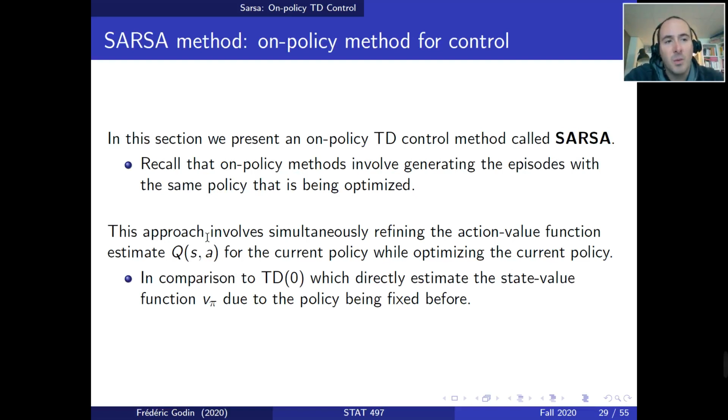It's because when we do policy improvement, we must compare the value of the various actions A for a given state S so as to improve on our policy. So for control problems, we want the Q function, or the action value function, instead of the state value function v pi. TD(0), which we saw last time, is a prediction method which gives you v pi rather than q.